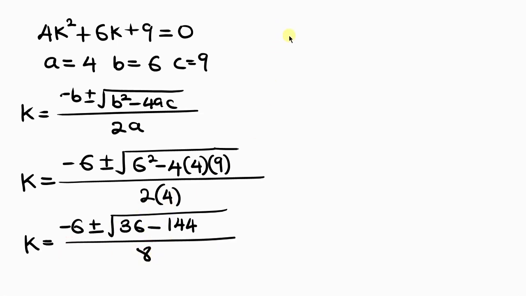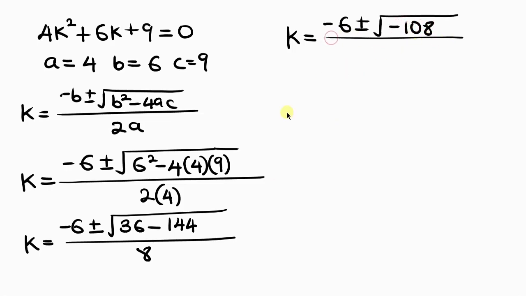Now this simplifies into k equal to negative 6 plus or minus the square root of 36 minus 144, which is negative 108, all over 8. Now our next step will be for us to write the factors of negative 108, for which one of the factors must be a perfect square.